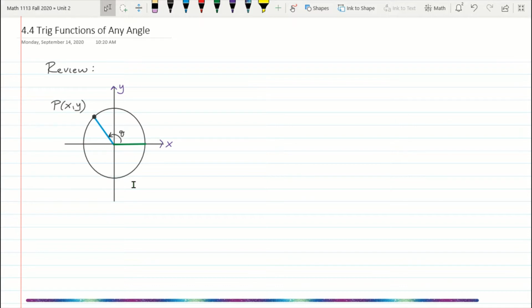So something that is not in standard position would be if you had your xy coordinate system like this, and maybe you had something like this, and then here in the middle was theta.